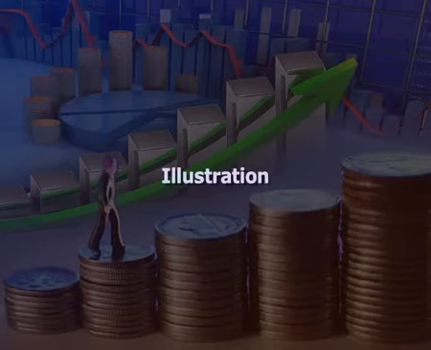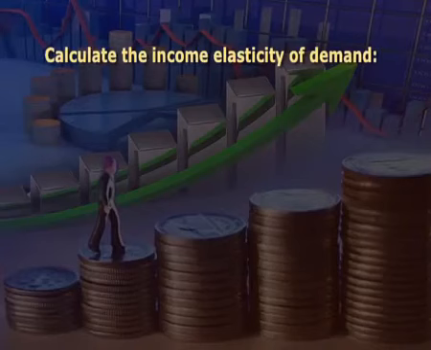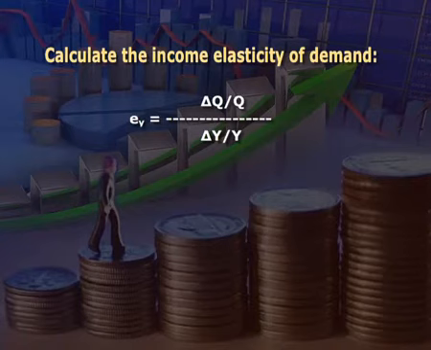Let's take an illustration. Suppose the weekly income of a buyer is rupees 1500 and he demands 10 kilograms of vegetables. If his weekly income increases to rupees 1800, his demand for vegetables increases to 13. We can calculate the income elasticity of demand from this. EY is (del Q by Q) whole divided by (del Y by Y).